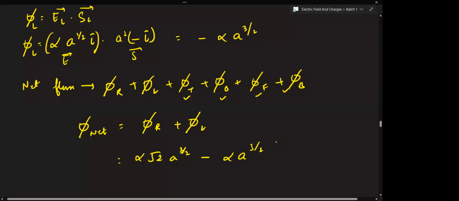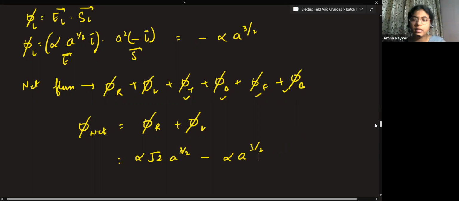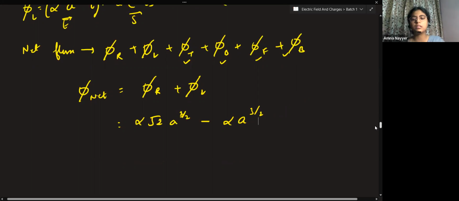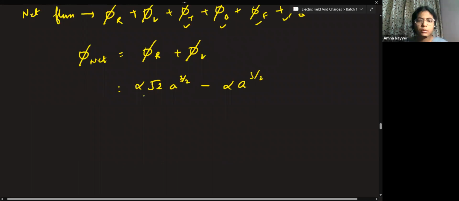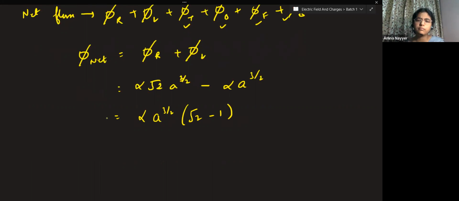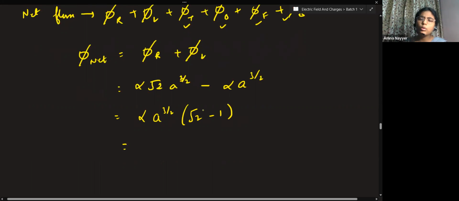Take alpha a to the power 3 by 2 as common, and you will be left with root 2 minus 1. You can put the value of root 2 as 1.41 and subtract 1, so that will be approximately 0.4.